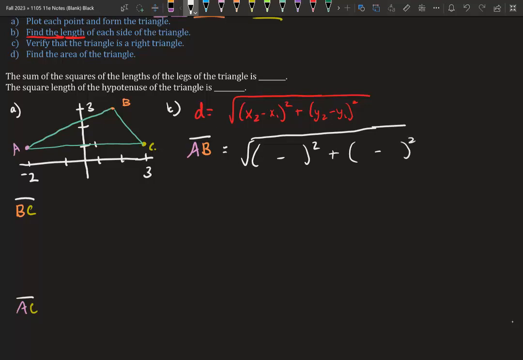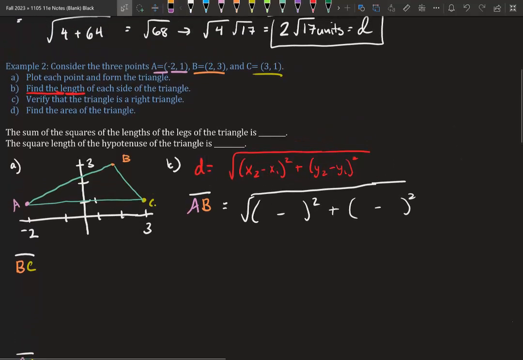All right, so for A to B, we're looking at points A and points B. So for A, B, we have x2. x2 is represented by +2, minus x1, which is represented by -2. And then we have y2 minus y1, so 3 minus 1.